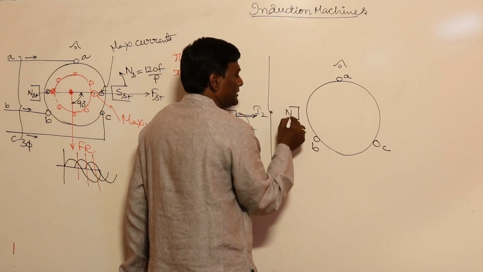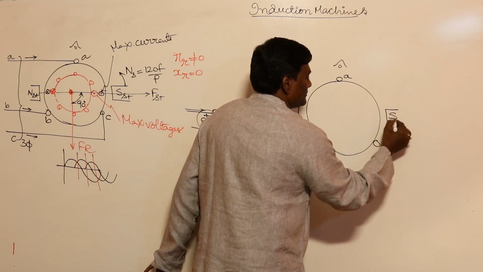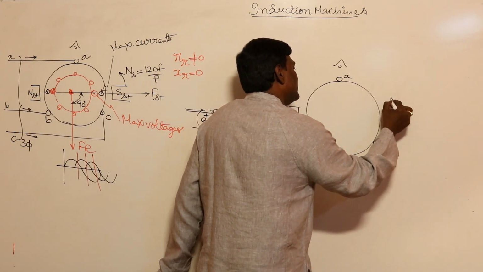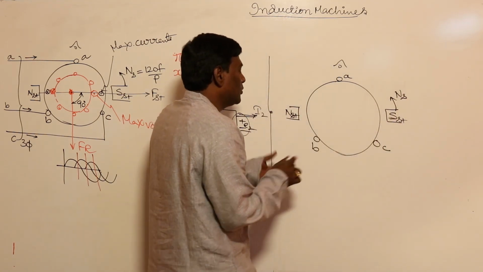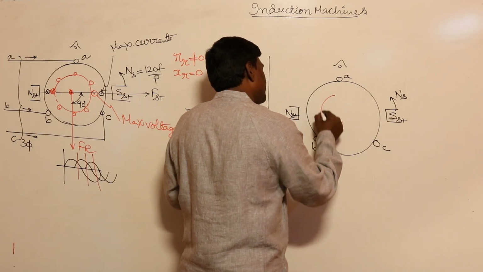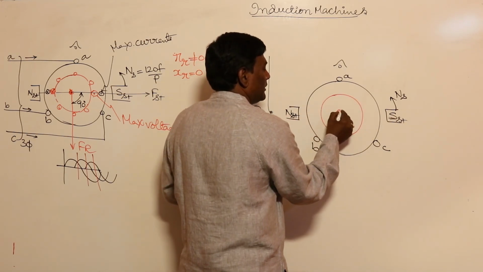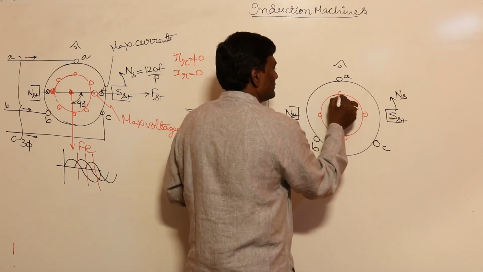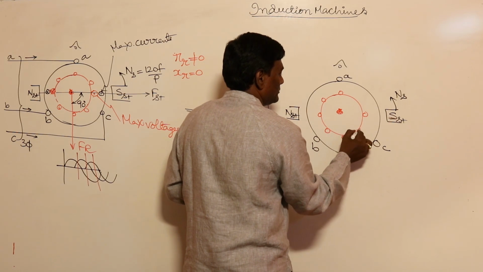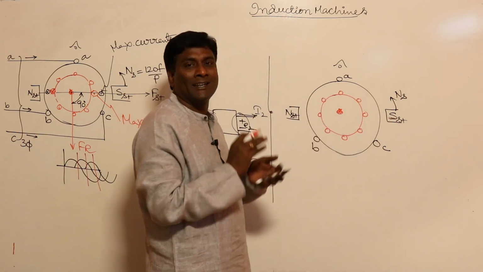And for example, this is the stator pole created, which is rotating in this direction with ns or omega s. Now you are going to have a rotor here, and on this rotor I am going to have conductors all over the slots. Those conductors are short circuited or somehow connected.